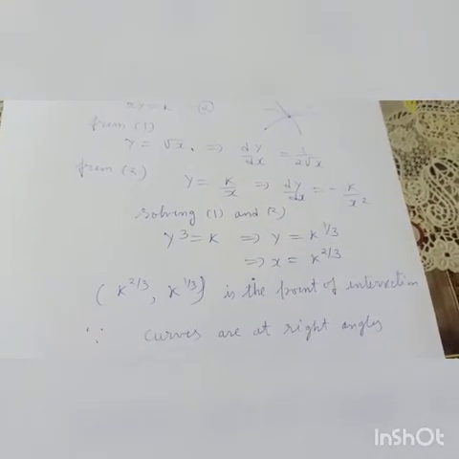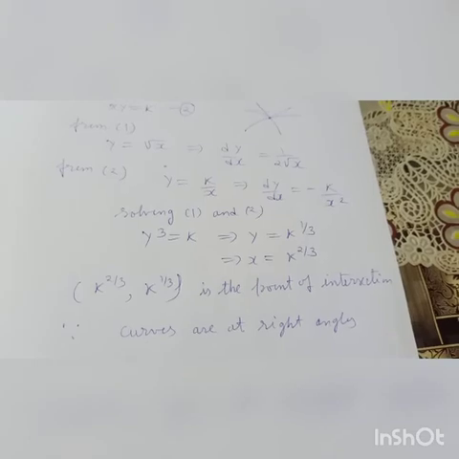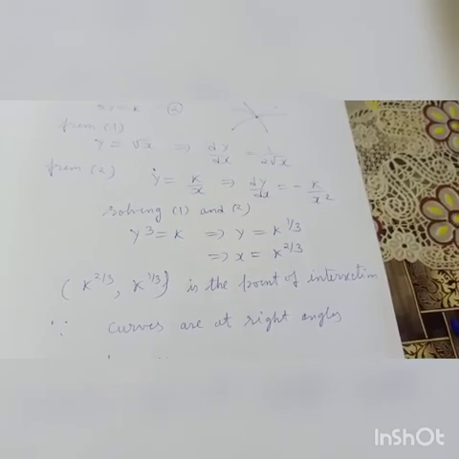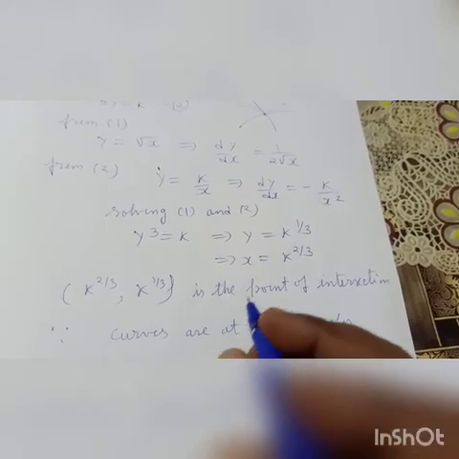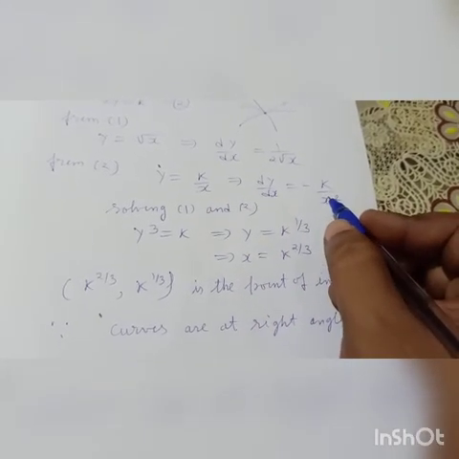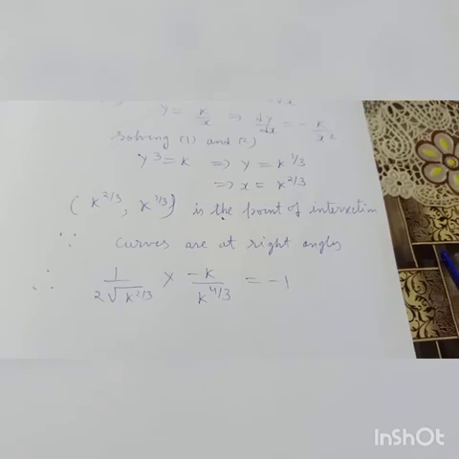So the first slope is 1 by 2 root of k raised to 2 by 3, multiplied by the slope of the second tangent, which is minus k upon x square, that is k raised to 4 by 3, equals -1. Now let's solve this and see what happens.